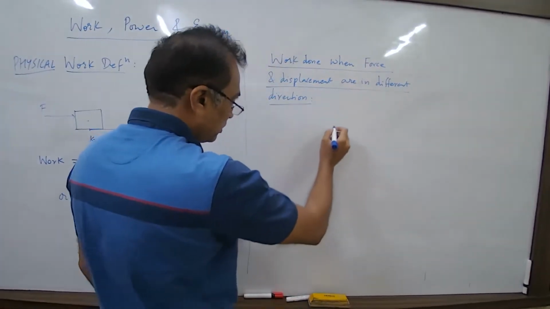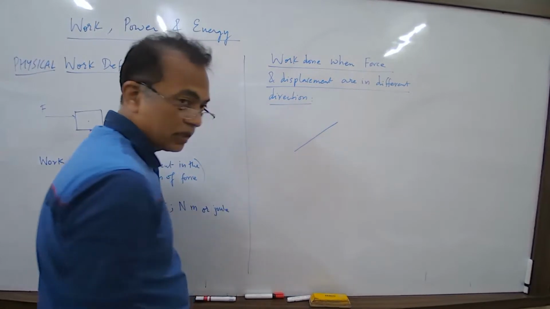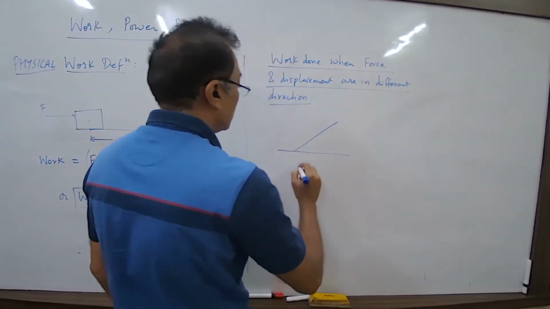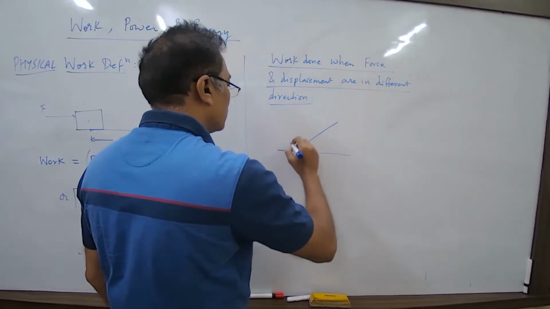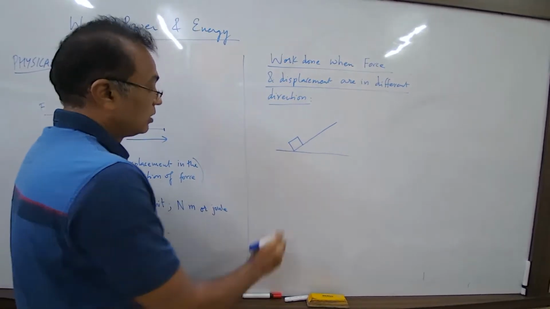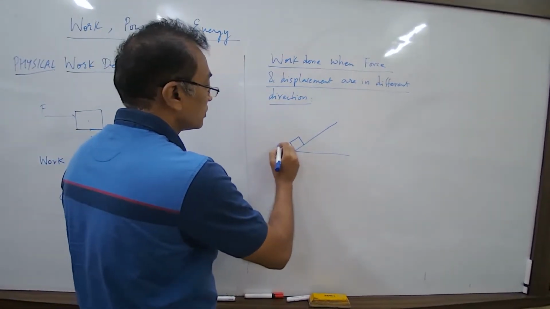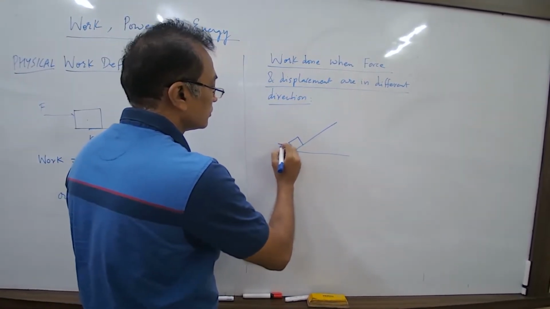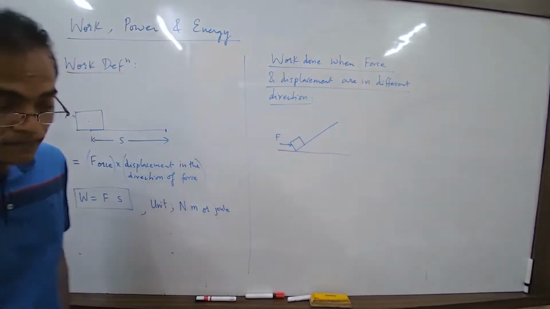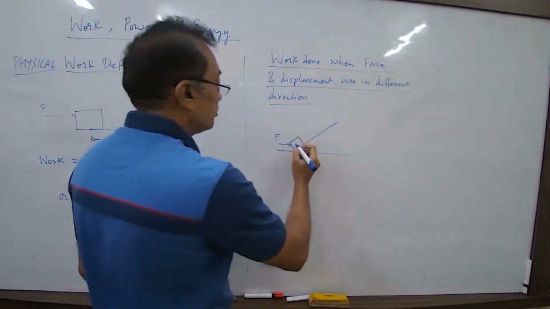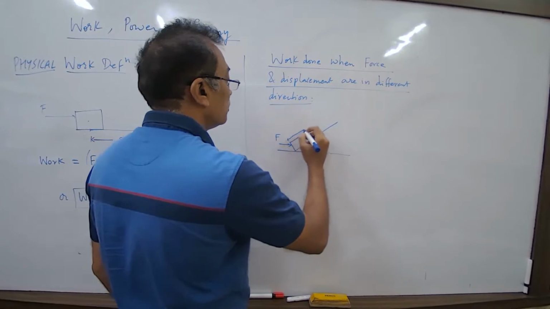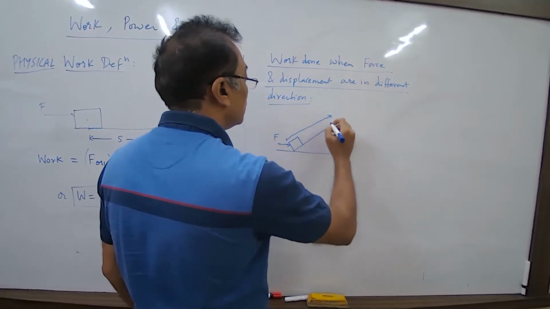See, for example, there is an inclined plane. And the object is kept here. A person applies a force here. This is the direction of force. But where will this body move now? It will move upward, till here.